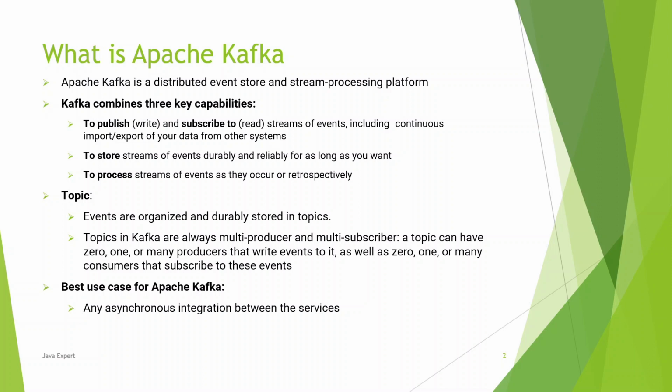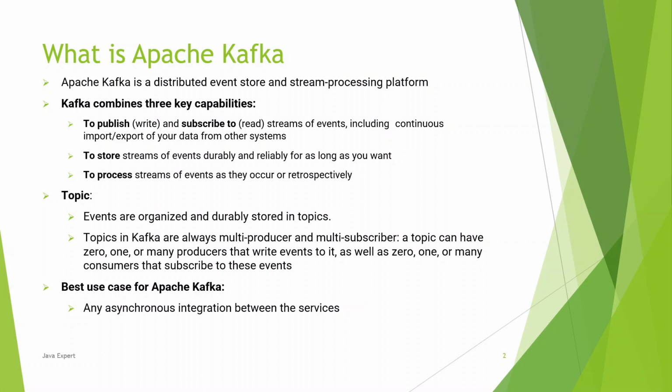And the third one is to process. Whenever you publish a message into Apache Kafka, it can be processed by any consumer which is subscribed to the particular topic. We'll see what a topic is later, and events can be processed as they occur.